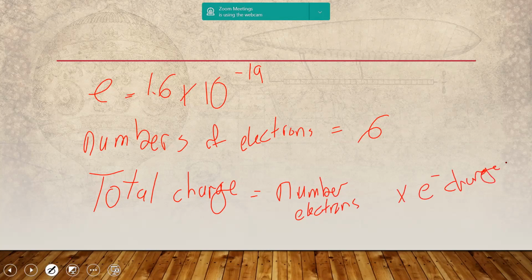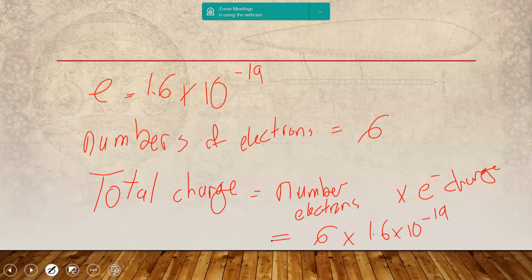That means if the number of electrons is 7, or 6 as an example, and the charge of the electron is 1.6, I will multiply 6 times 1.6 times 10 to the negative 19.